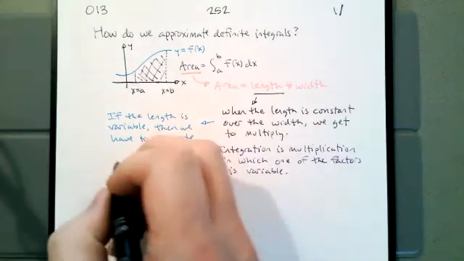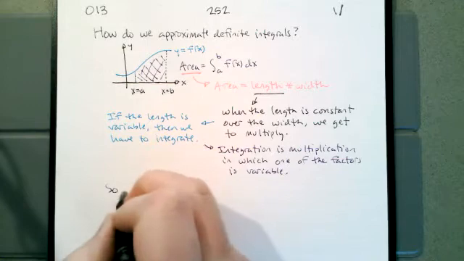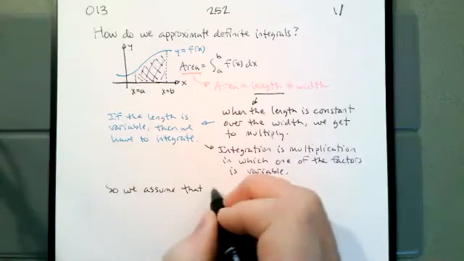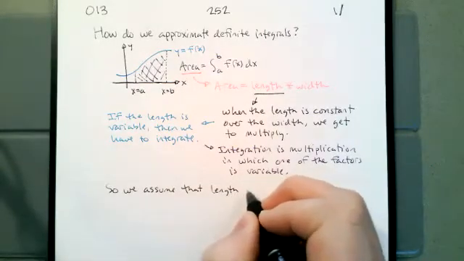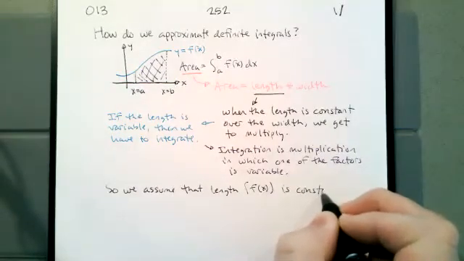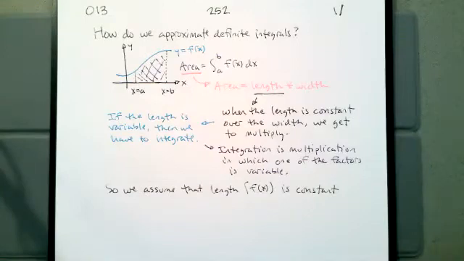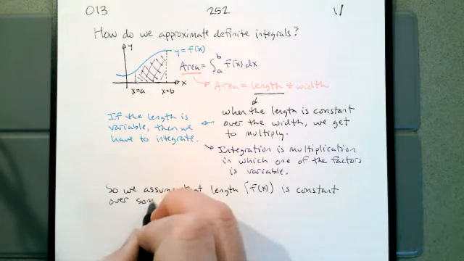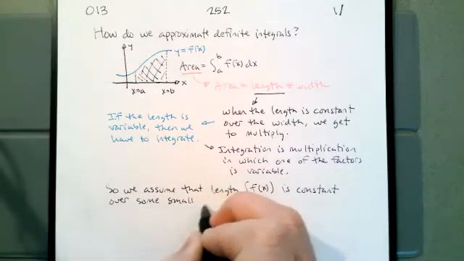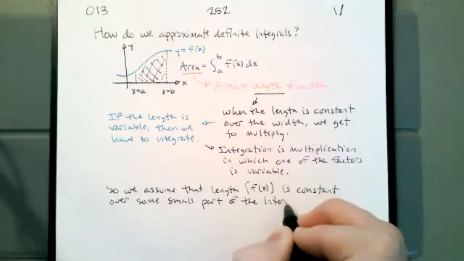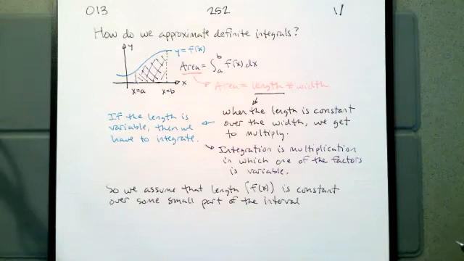So our solution: we assume that the length, which is going to be f of x, is constant over some small part of the interval. And that's going to be the width, and we're going to call that some small change in x.